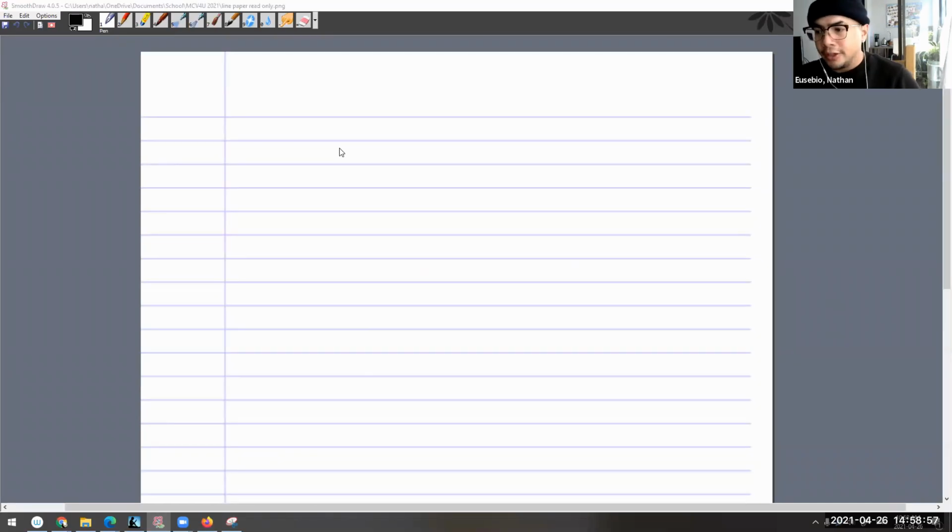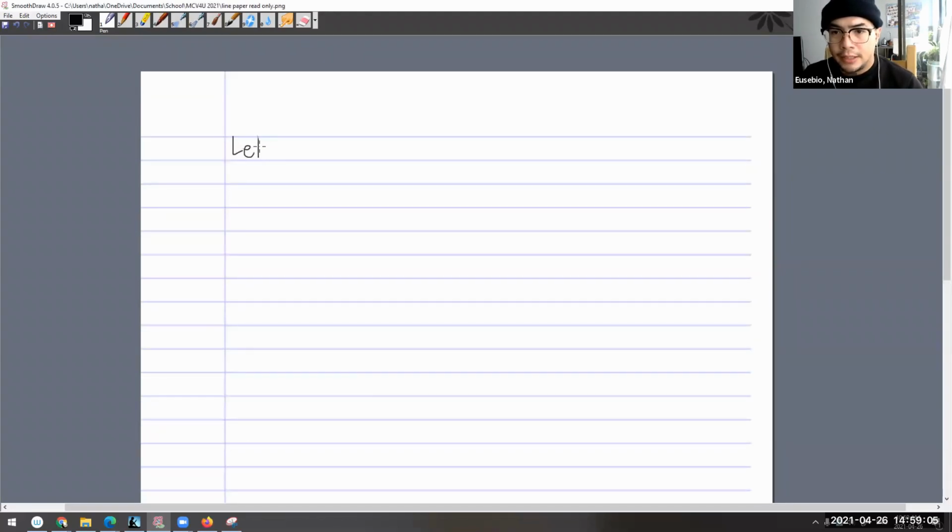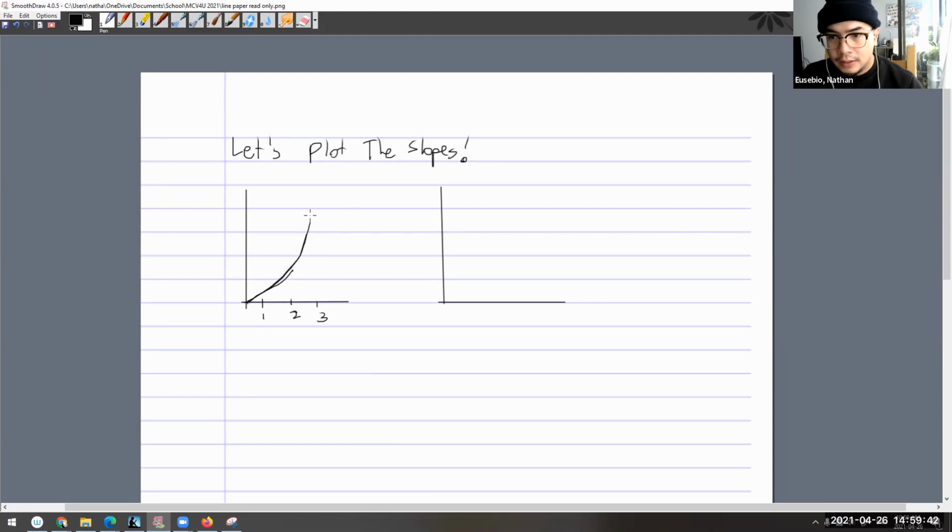And what I want to do is, because the slopes are changing depending on where we are, let's plot the slopes. Just pretend that's a parabola, okay? So when x is 1, the slope is 2.1.